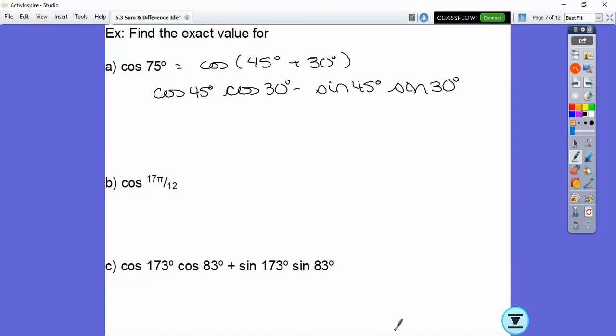So 45 degrees, remember cosine is the square root of the bottom over 2. So cosine of 45 is radical 2 over 2. Cosine of 30 would be radical 3 over 2. Minus sine of 45, sine is the number of fingers on top, so radical 2 over 2. Sine of 30 is radical 1 over 2, or 1/2.